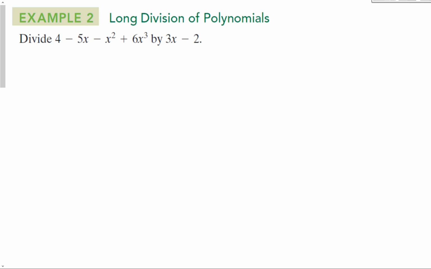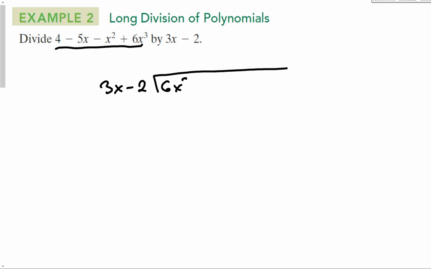So step one, rearrange this and write it out. We have 3x minus 2, and we're going to divide into, we don't write my equation like that. It's not in standard form. So we change it to 6x to the third minus x squared, make sure my signs are correct, minus 5x plus 4.